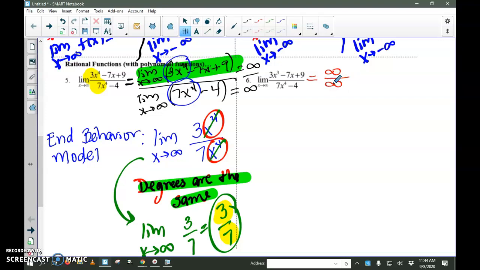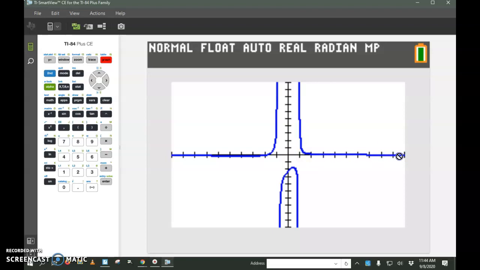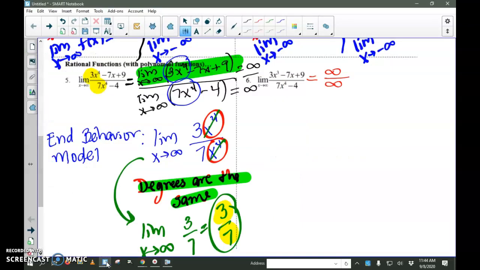Okay. But if I were to graph this, you would see, based on my new graph, which just looks like a slight variation of the previous graph, you would see, though, that that horizontal asymptote has shifted down a little bit. It looks like as x approaches infinity, I'm hovering around the x-axis, or a horizontal asymptote of y equals 0. So let's see if we come up with that algebraically, okay?